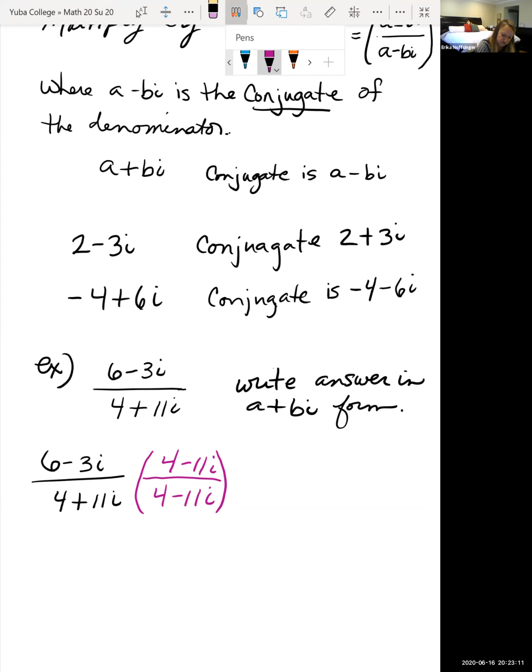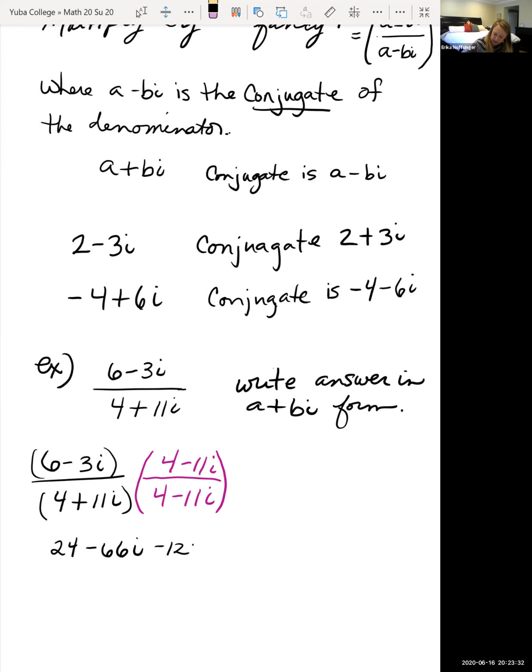I have this 6 minus 3i in parentheses, so I distribute 6 times 4, which gives me 24. 6 times negative 11i is negative 66i. Distribute my negative 3i: negative 3 times 4 is negative 12i, and negative 3i times negative 11i. Negative 3 times negative 11 is positive 33, but i squared is negative 1. So this is really going to be minus 33.